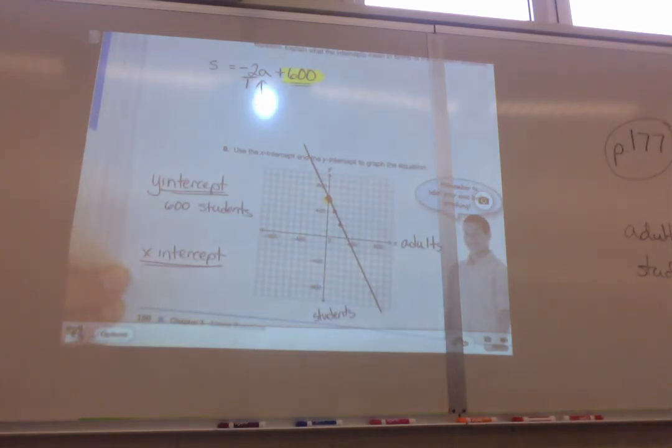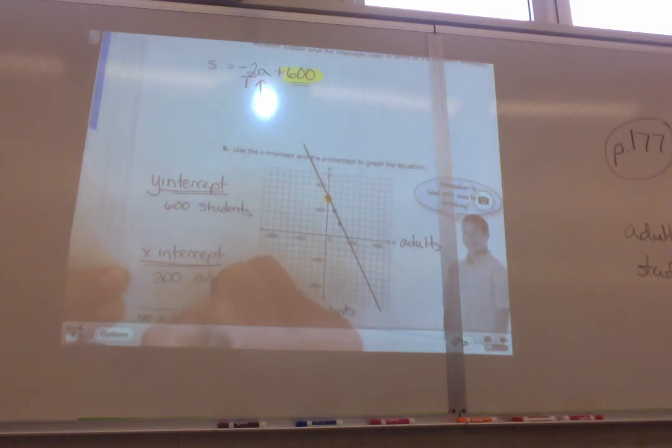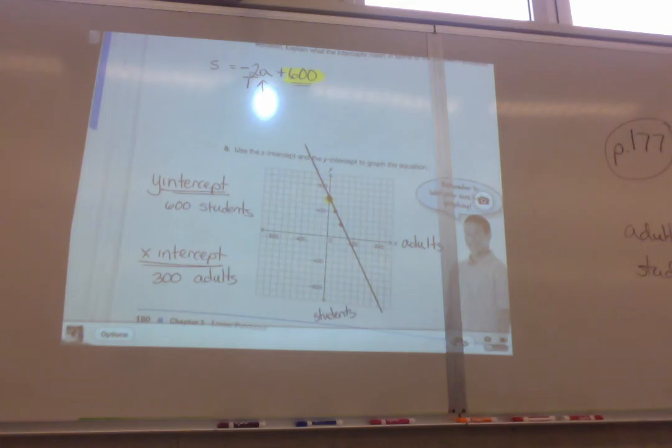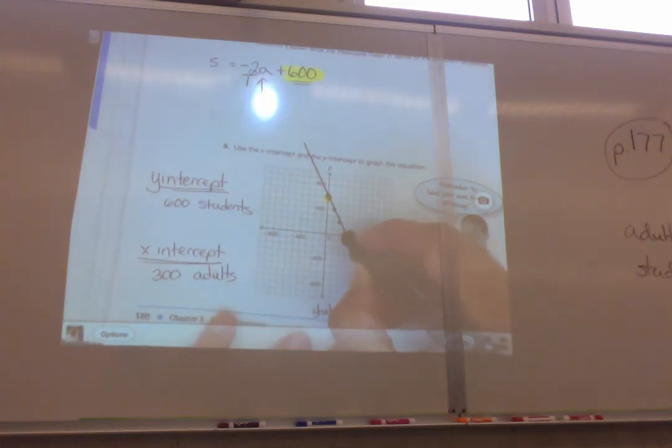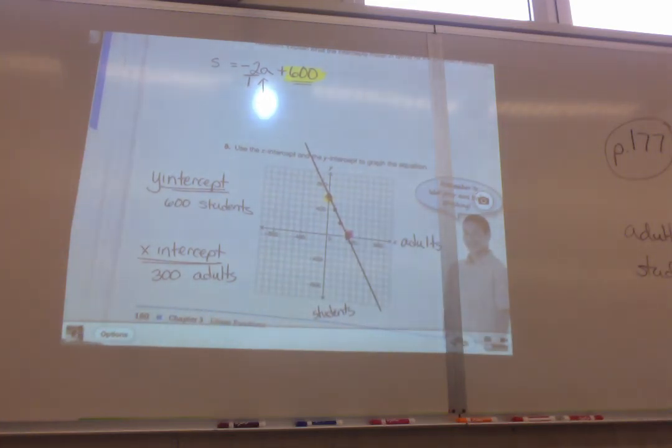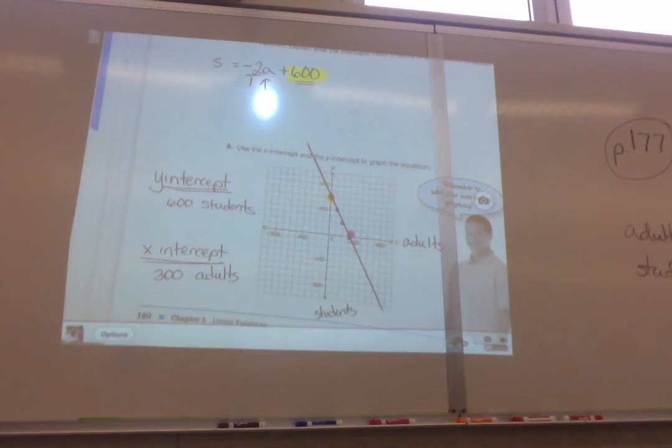What's it looking like on your graph? About 300. But what does the x-axis represent? Adults. Okay, so the x-intercept is where it crosses the x-axis, and it depends on how well you drew your line. We're going to have to look at this some more next week because we're out of time.